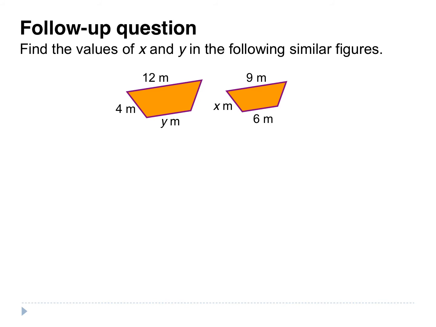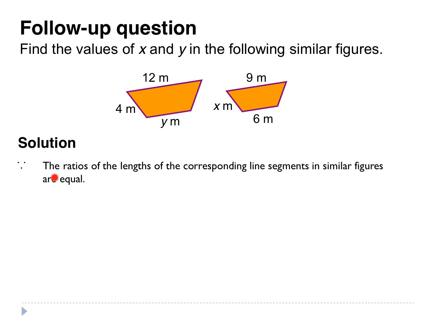Let's look at one follow-up question. In this question, we also want to know what x is and what y is. And they are similar figures. So first, we can say that the ratios of the lengths in similar figures are equal.